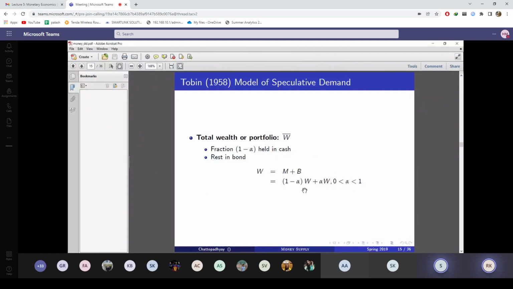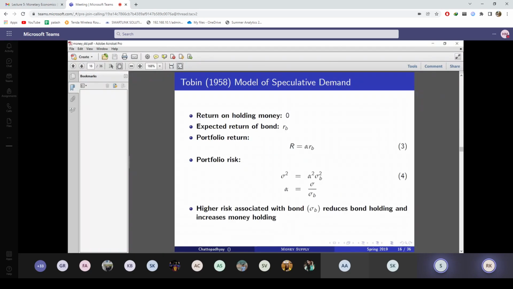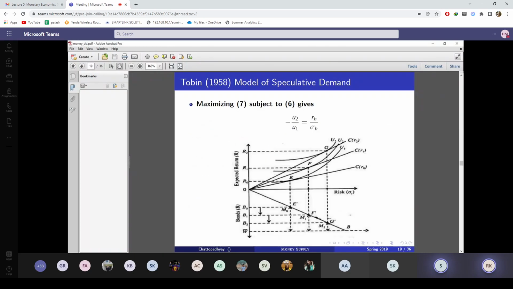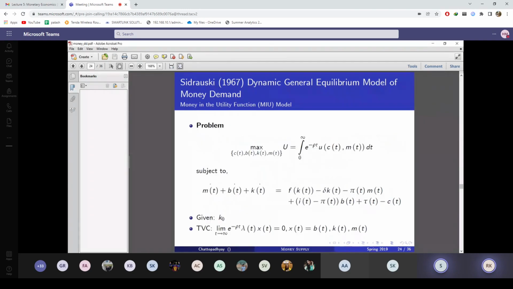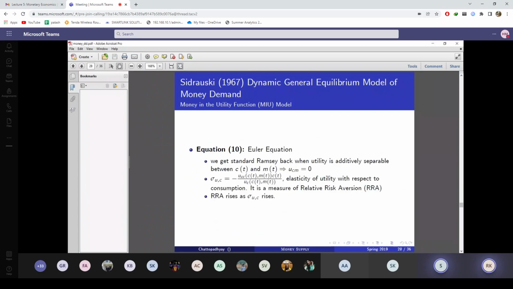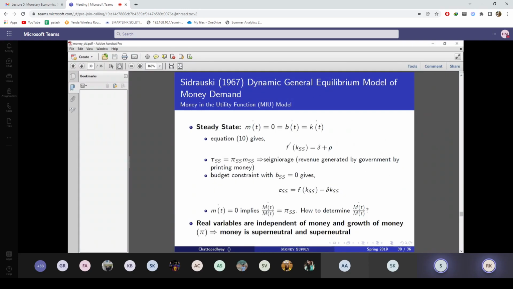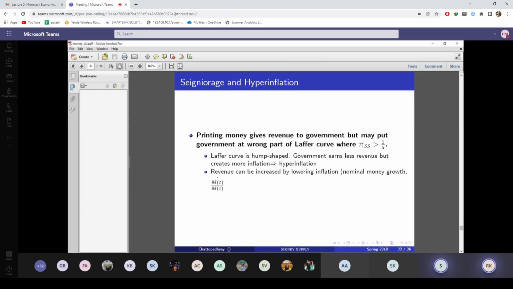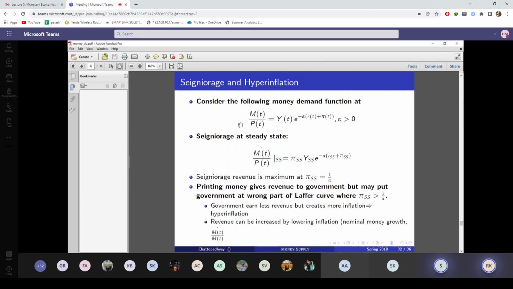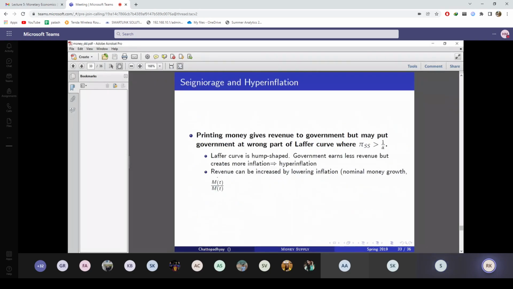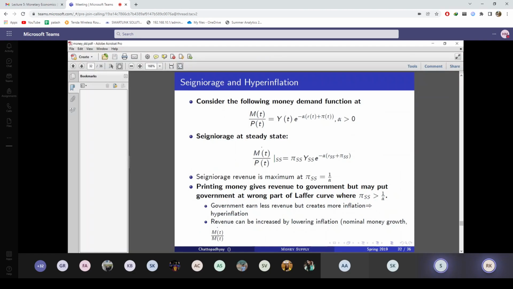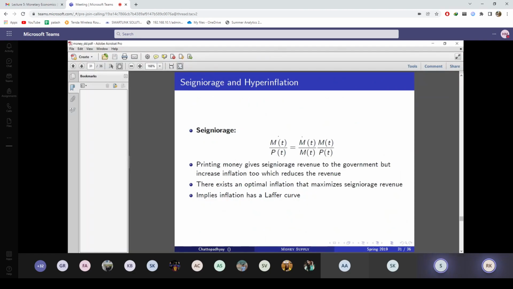We will do its micro foundation. I am not going to do the dynamic general equilibrium model of Sidrowski. After this, a little bit of seigniorage and hyperinflation, and the Tobin model, I think his name is, we will do that.